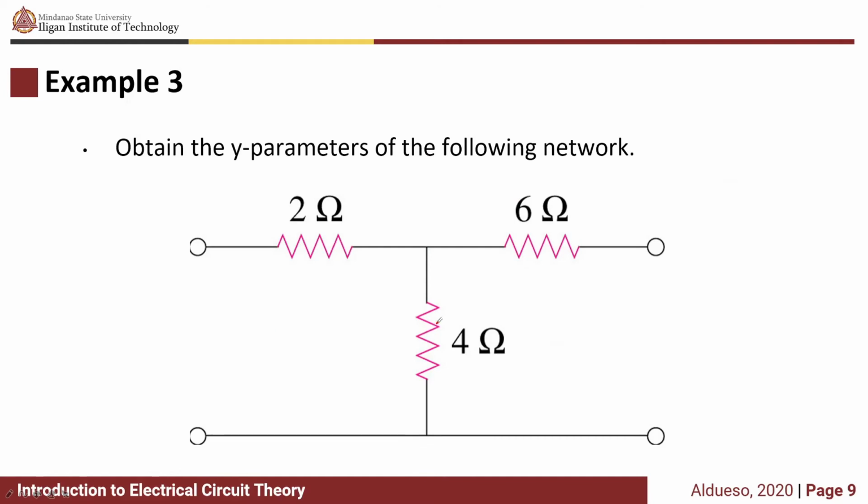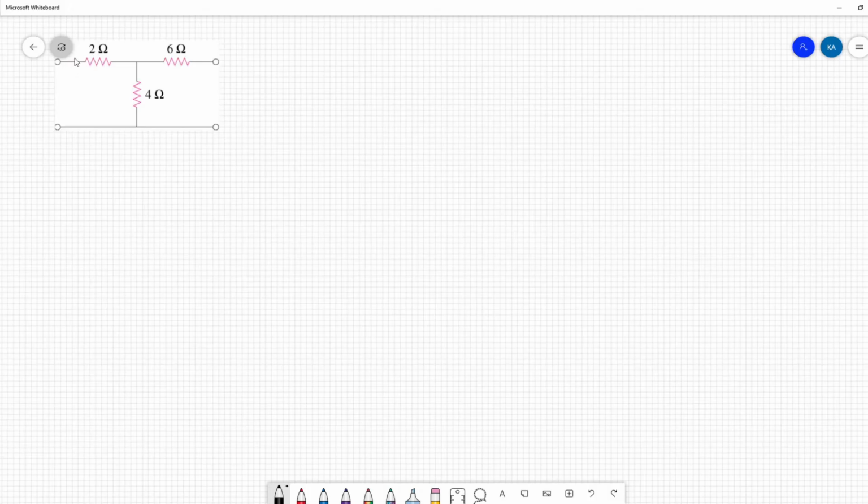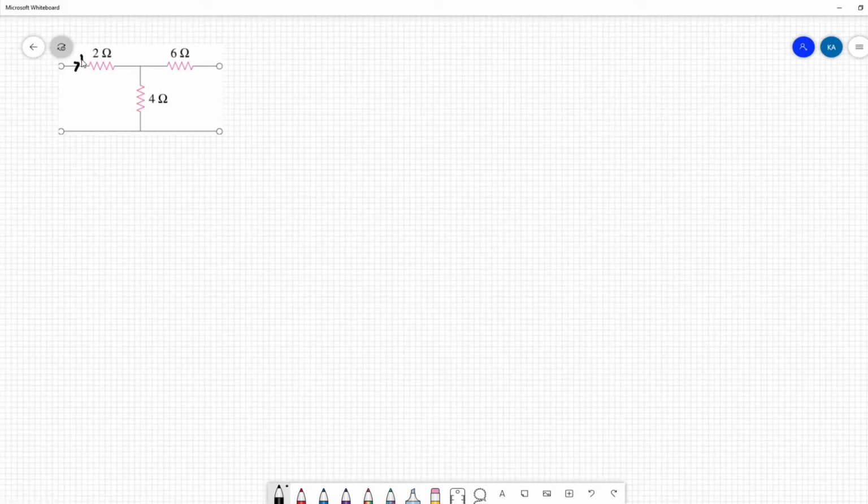So let's have an example. Obtain the y parameters of the following network. So again, first let's label our V1, I1 and V2, I2.